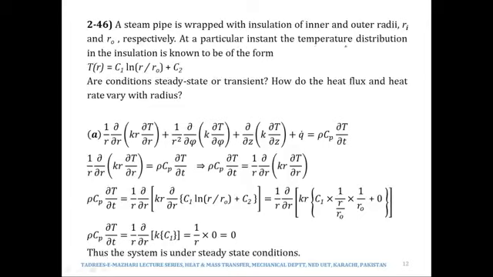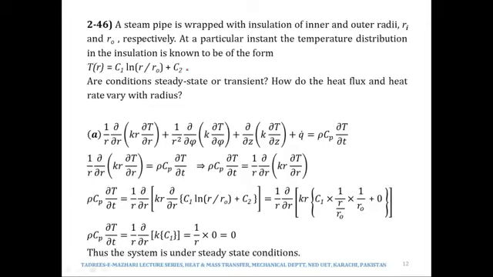At a particular instant, the temperature distribution in the insulation is known to be of the form C1 log of r over R0 plus C2. Probably some of you might question where this is coming from, or whether we should take it as granted. For the time being you should take it as given, but in chapter number 3 we would be deriving such forms ourselves, and we would also be finding out the values of those two unknowns C1 and C2 by applying boundary conditions.